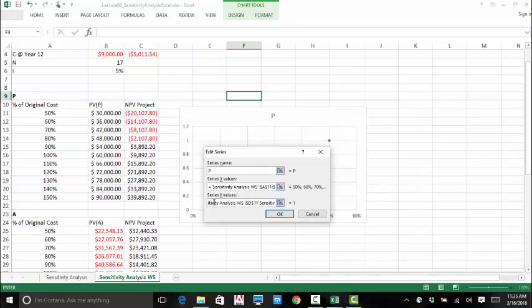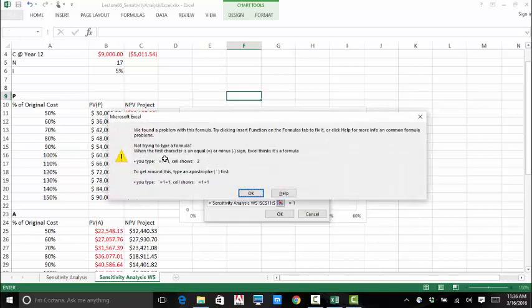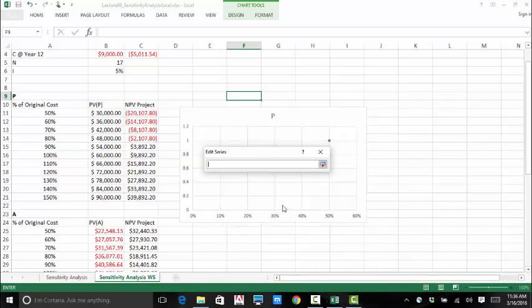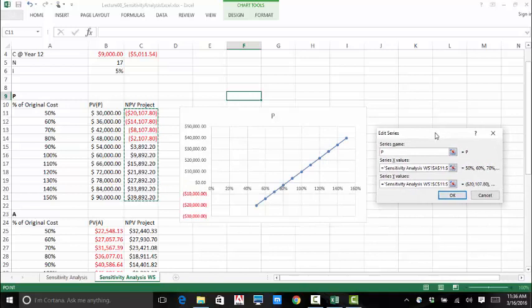Oops. Let's just go ahead and reselect that. There we go. You can see it plotted a line for us of the net present values over certain percentages.